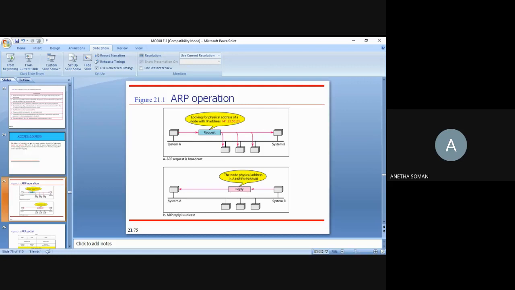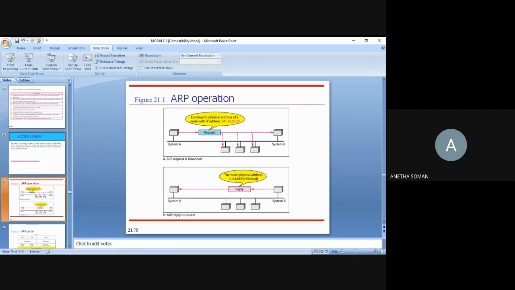Understand? The host that wants to transmit the data has the IP address as well as the physical address of the sender, and only the IP address of the receiver. The sender does not know the physical address of the receiver.